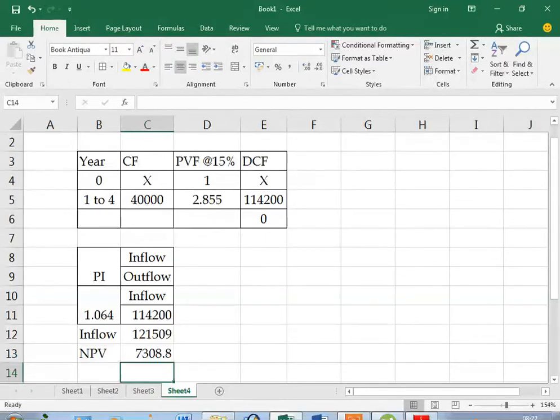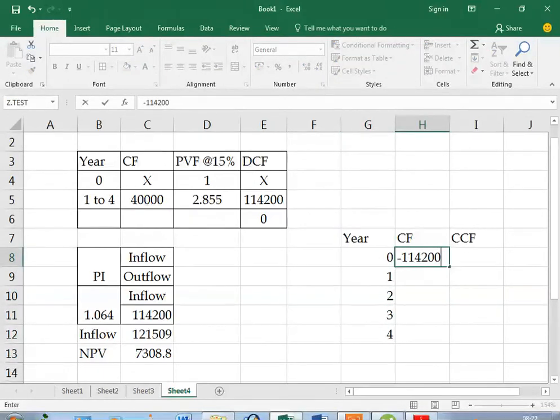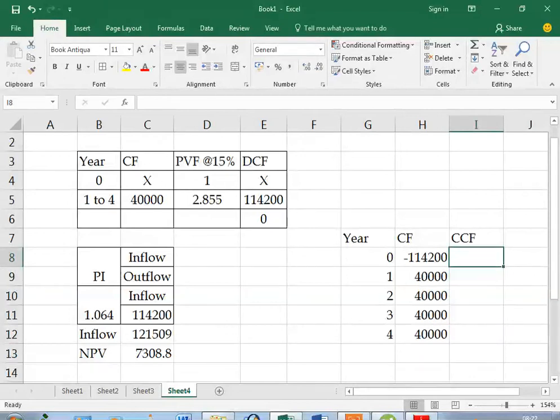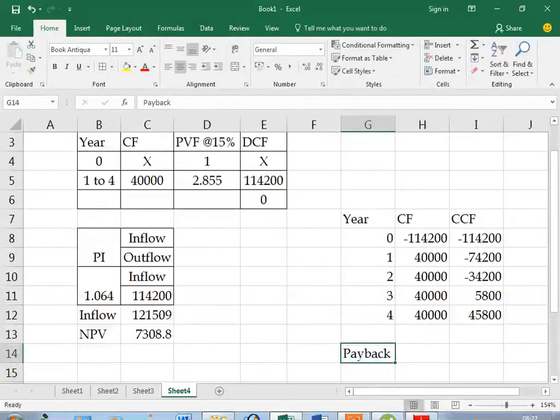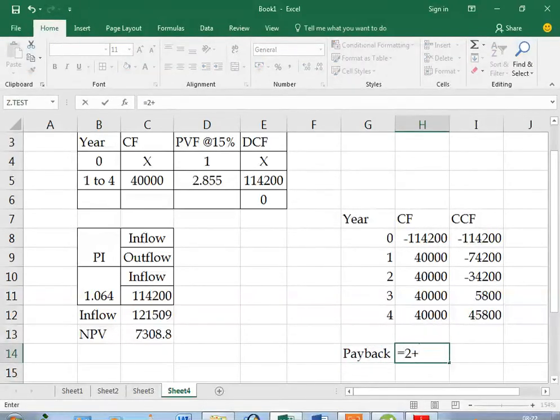Get the payback answer. 2.855 years will be the answer. Any doubts in this?